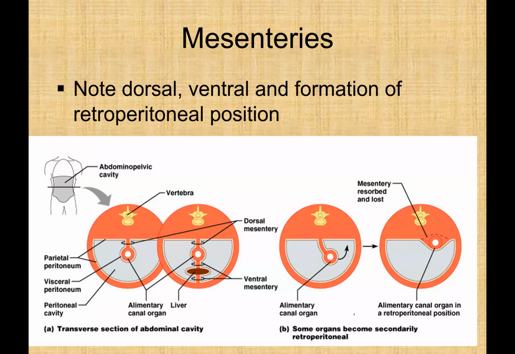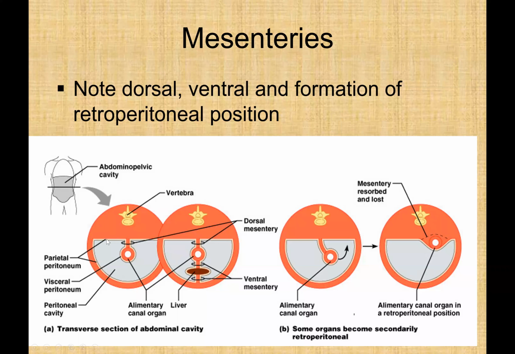the organs in place. So looking at the diagrammatic presentation, this is the posterior dorsal body wall, and this is the anterior wall, and then we can see the peritoneum. Now the outer cream one is the parietal peritoneum, and then the inner one, I don't know what color that is, is the peritoneal cavity.